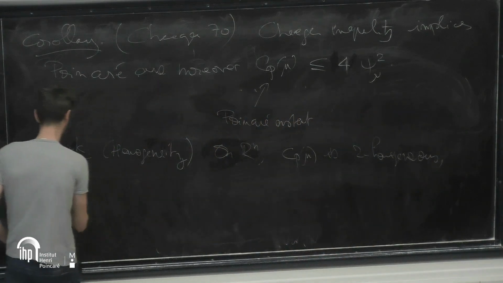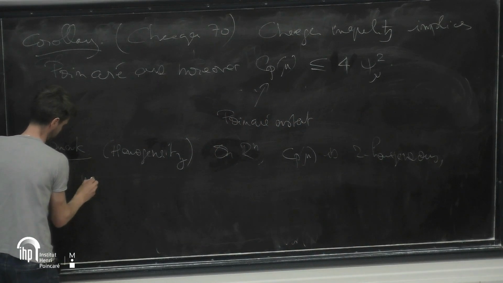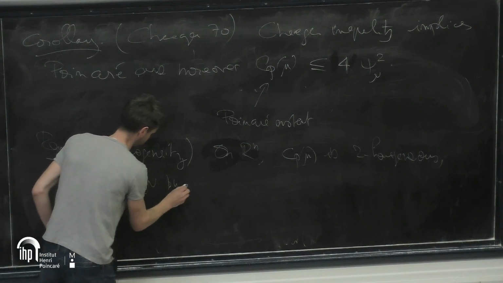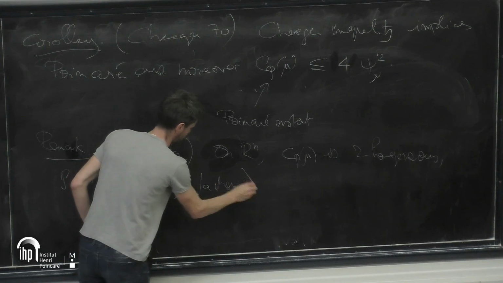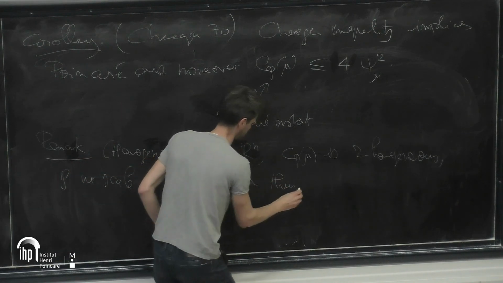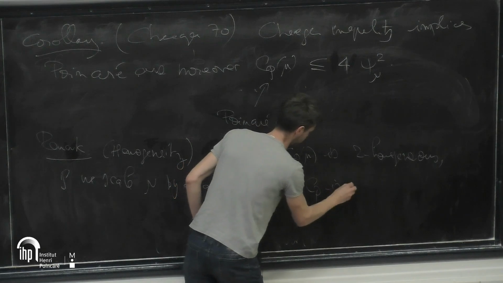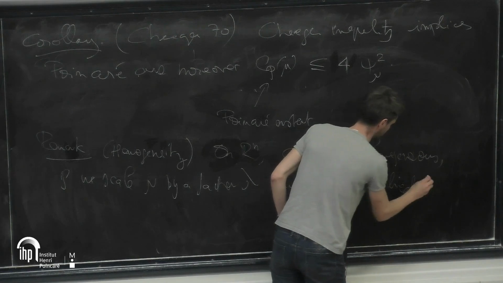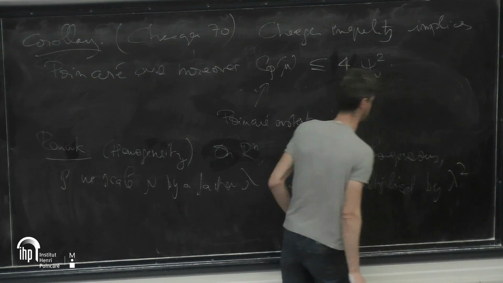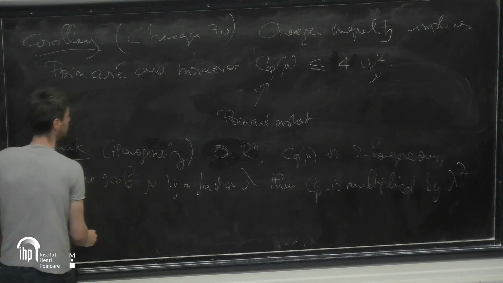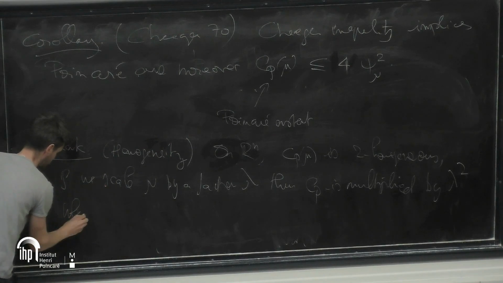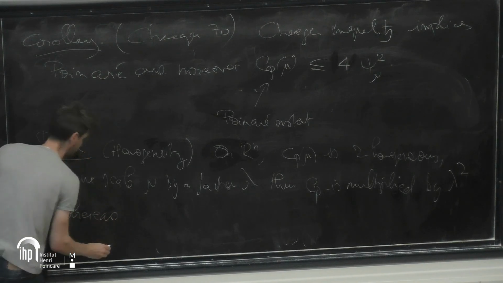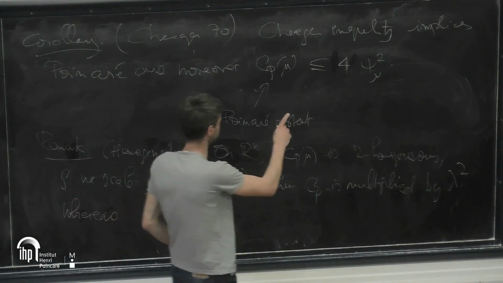I mean, if I scale mu by a factor lambda, then Cp is multiplied by lambda squared. The Cheeger constant, it's 1-homogeneous.